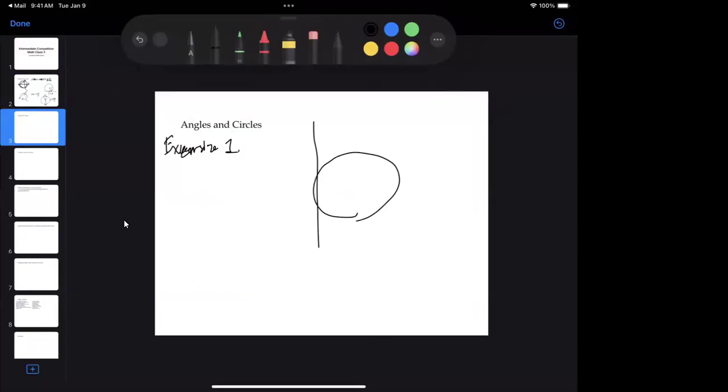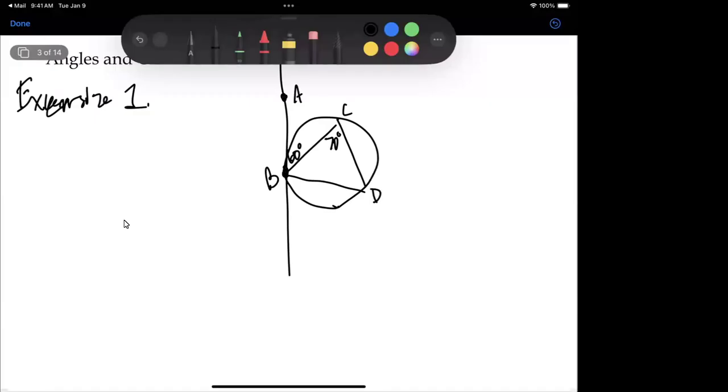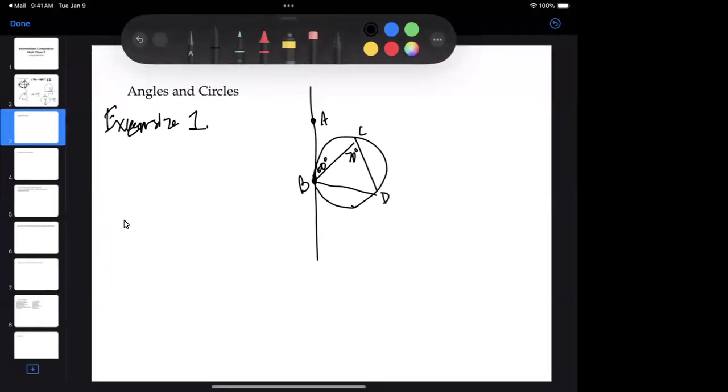There's a circle tangent to this line and then a triangle. This angle is 60 degrees, this is 70 degrees, and we'll call this point A, point of tangency B, C, D. Find the angle measure of angle CBD.